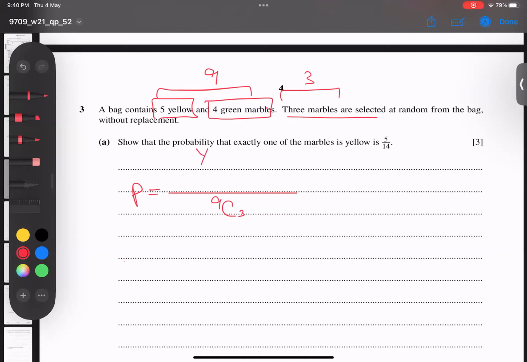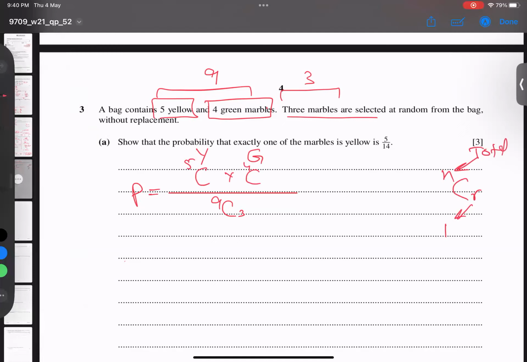So I'm writing this for yellow and this for green. There are 5 yellow and 4 green. You know very well nCr: this is the total availability, and this is taken at a time.